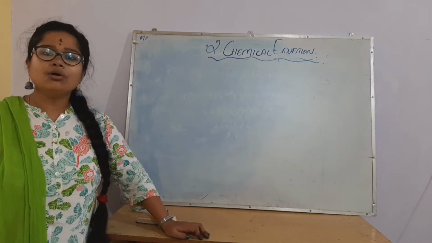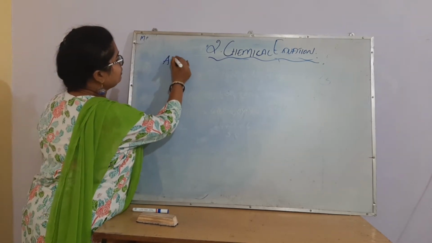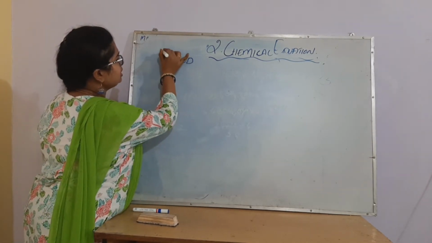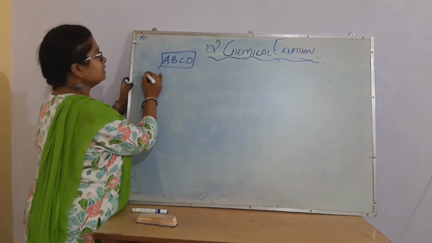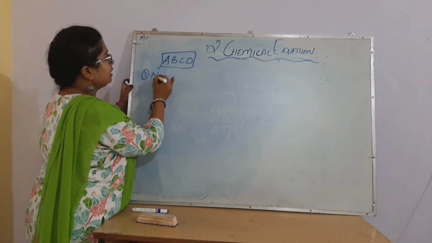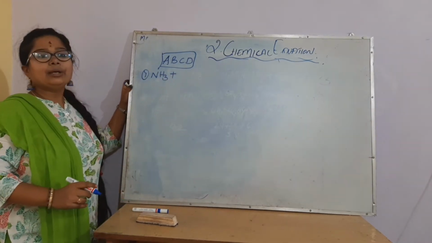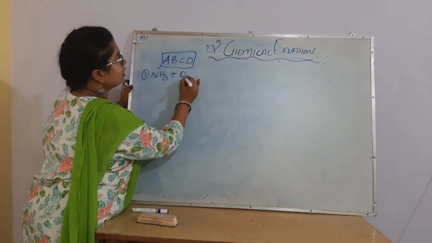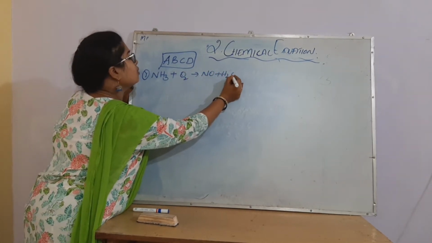So let's go. That method is nothing but the ABCD method. What is this ABCD? We'll learn here. See, the first example: NH3 plus O2 will give rise to NO plus H2O.